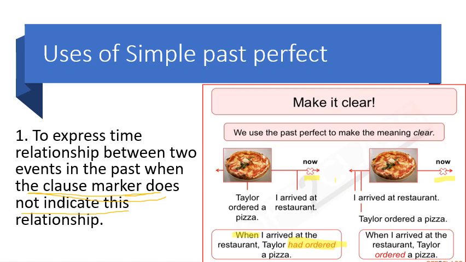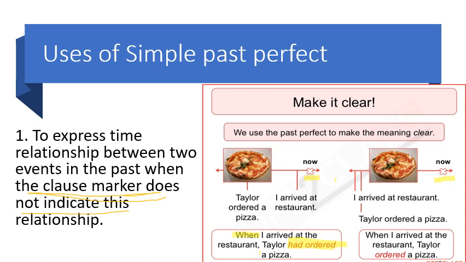Therefore, we need the past perfect in the first sentence to show that ordering the pizza happened before my arrival at the restaurant. Like I said, when your clause marker when doesn't indicate the time relationship.